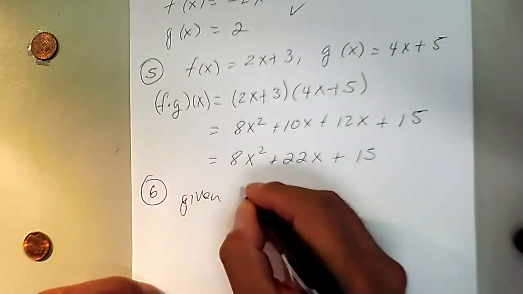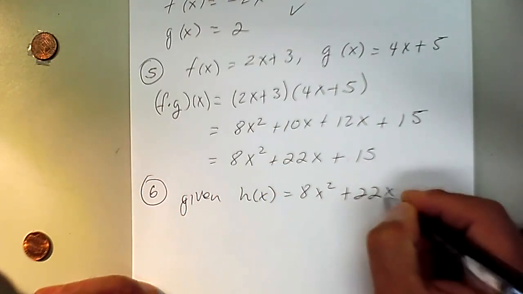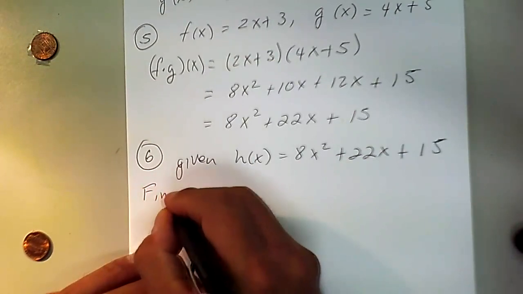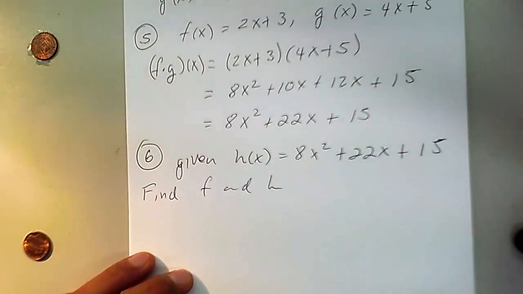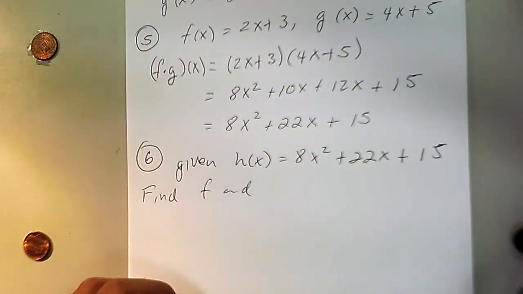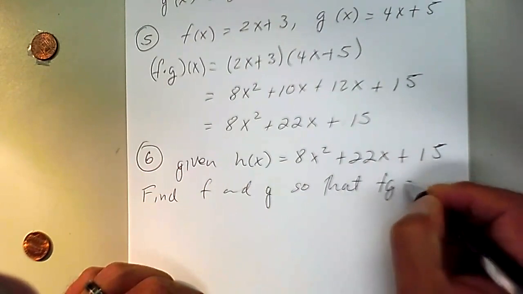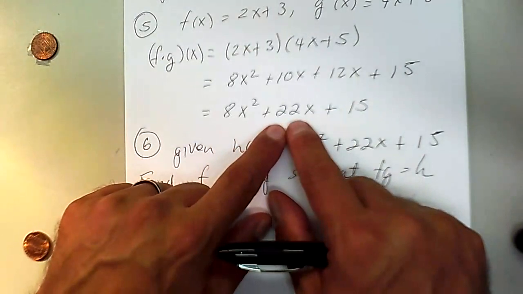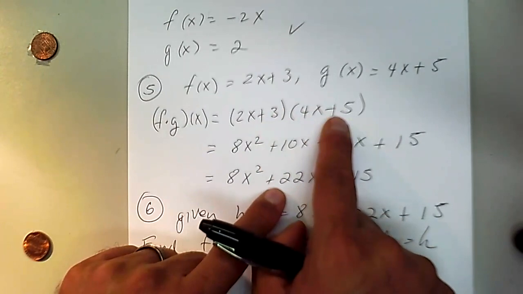Given h of x equal to 8x squared plus 22x plus 15, if we were asked to find f and g, so that fg equals h, then the most logical thing to do is to factor this out, and then one of them is going to be f, the other one is going to be g.